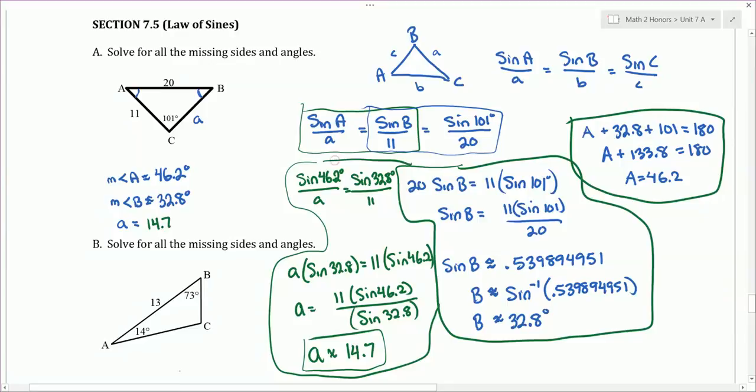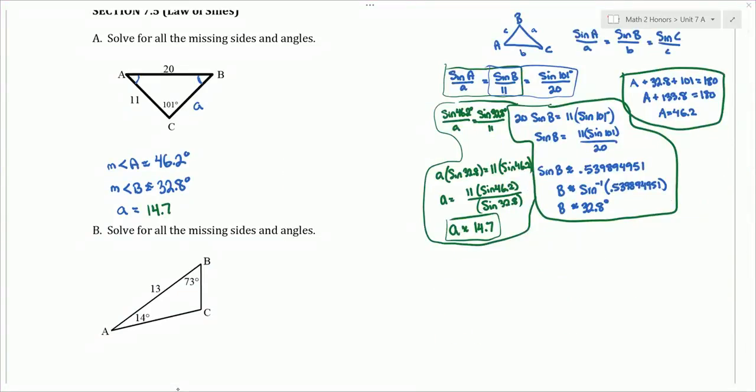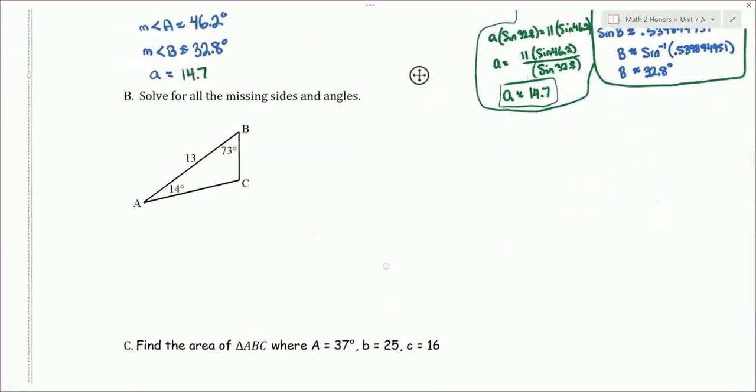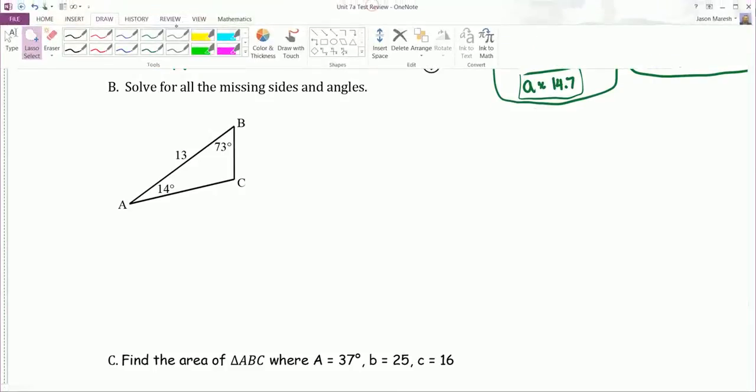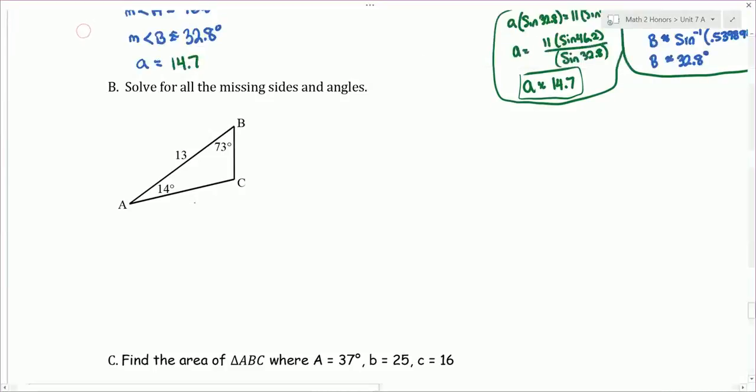Now for part B. Again, we're going to solve for all the missing sides and missing angles. Let's see what we're missing. We don't know angle C, so we want the measure of angle C. We don't know side B, and we don't know side A. So the measure of angle C we'll do first.